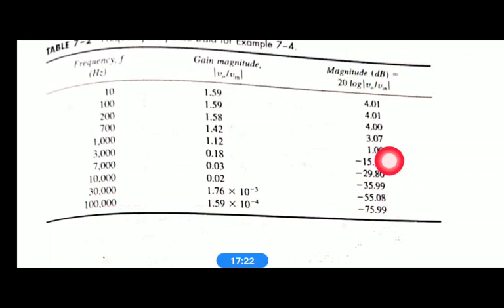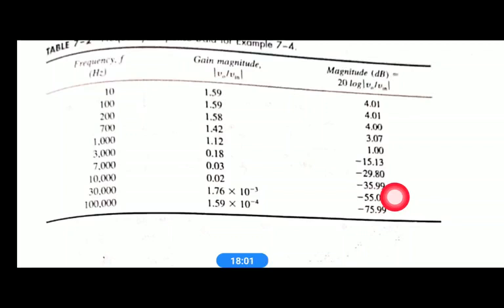You see the decrease from minus 15 to minus 55, that is a minus 40 dB decrease in gain when you increase the frequency from 3000 to 30,000, that is a 10 time increase, that is per decade. So an increase in frequency by a decade gives a decrease in gain of minus 40 dB. Therefore it is minus 40 dB per decade, and also minus 12 dB per octave.